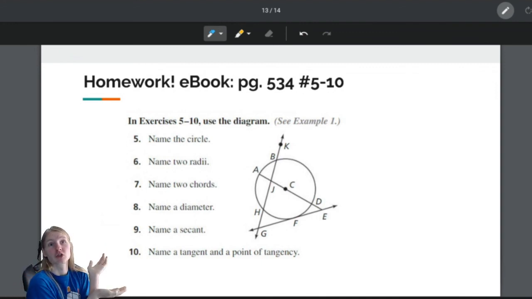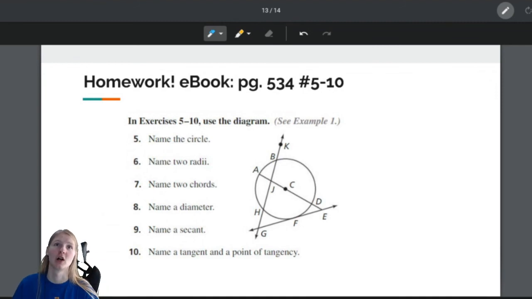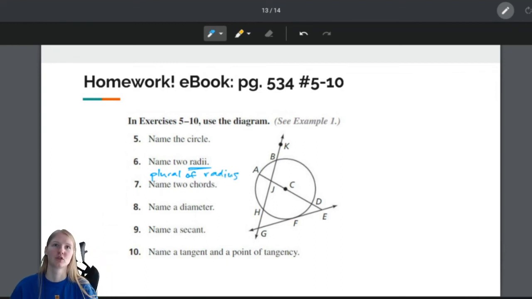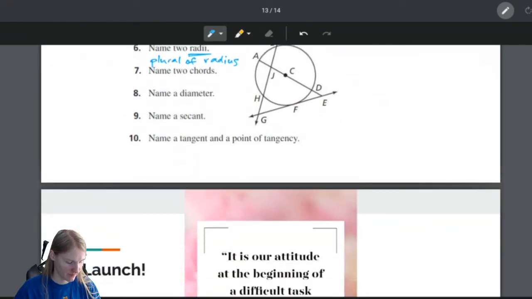You only have 6 questions on your homework, and it is all about using the diagram to name radii, name chords, name diameters. Remember that radii is the plural of radius. So instead of saying radiuses, we say radii. Okay, awesome. There is your homework.